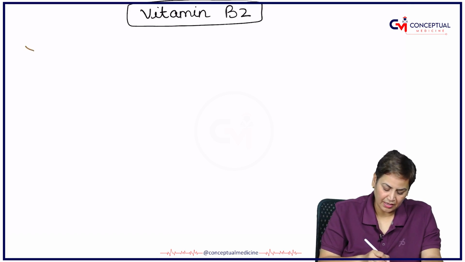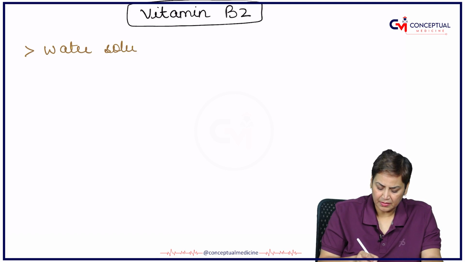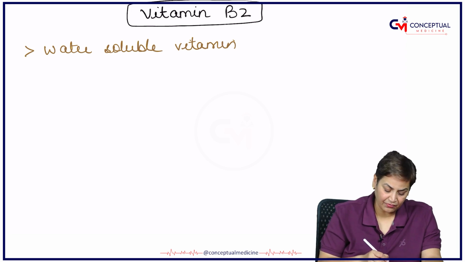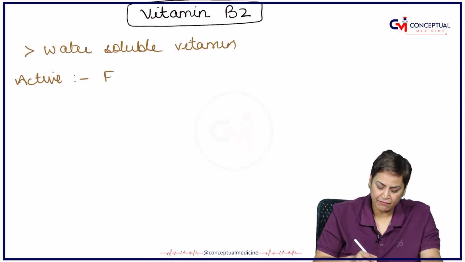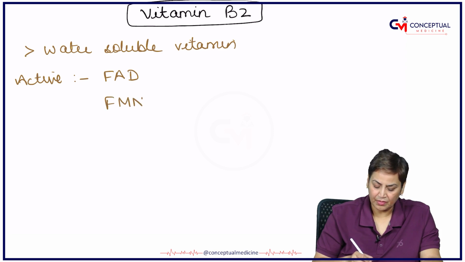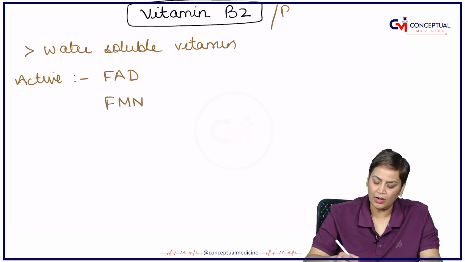Obviously, first of all, a water-soluble vitamin, right? And the most important point to remember about it is what is its active form. The active form of B2 is FAD and FMN, and it is called riboflavin.